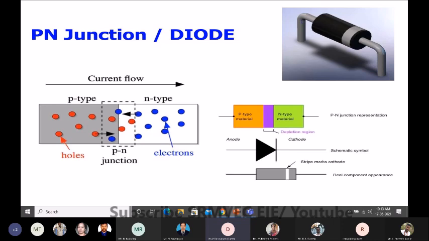Here is the schematic symbol, and in real time this will be your actual model. This is a physical component where you will see a strip mark, which shows that it is the cathode and the other terminal is the anode.